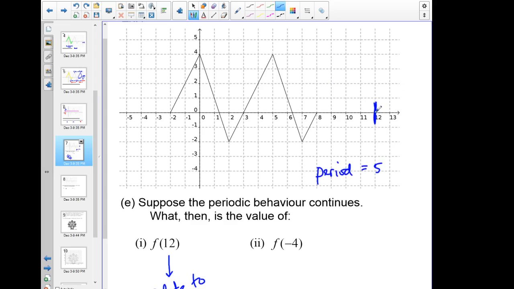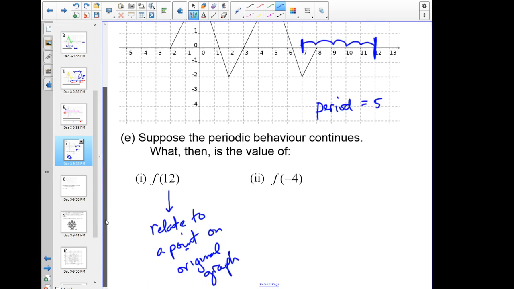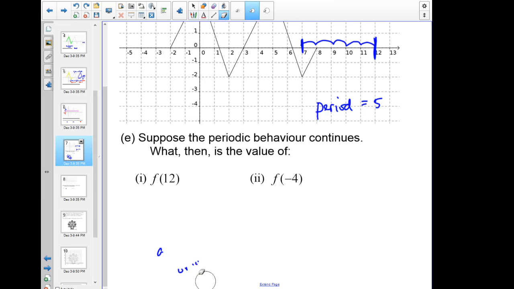So what happens if I take 12 and I take 5 steps backward? 1, 2, 3, 4, 5. That means that whatever is happening at f of 12 must also be happening at f of 7. And that's the key to this. That's what I really wanted to bring home about this particular part.